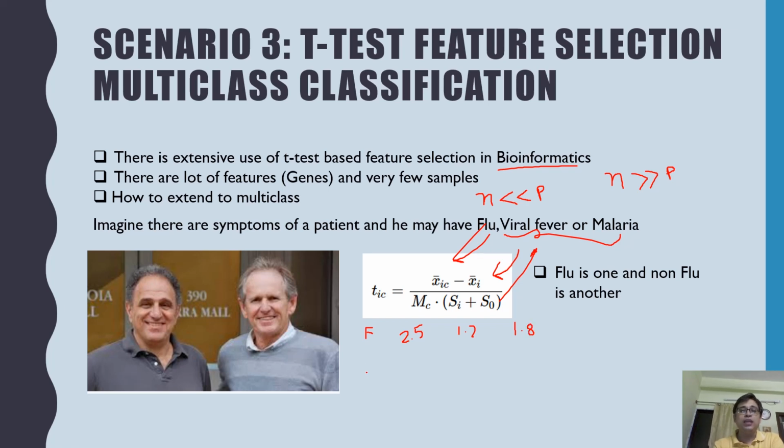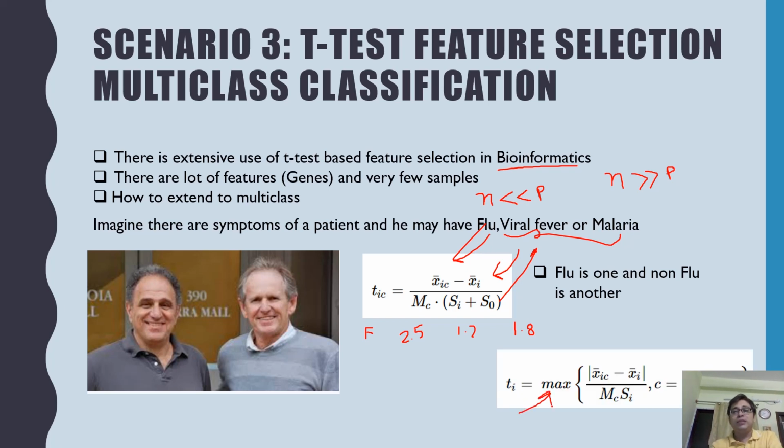And similarly, for each of the features, you will get three values. How do you do the feature selection? So we refer to another paper, where they have simply used the maximum value of this. So they have sorted the features by the maximum value of these class-specific t values. All right. So this is your scenario 3.